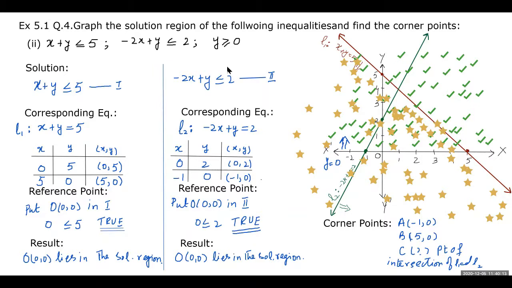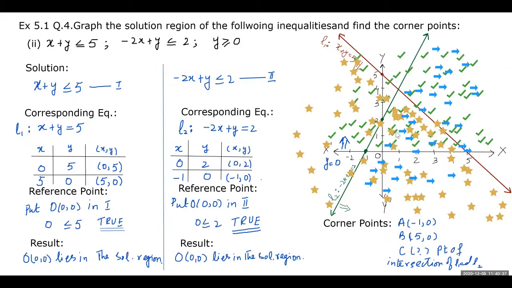So here comes -2x plus y less than or equal to 2. I'm going to use this shading. And this is the line -2x plus y less than or equal to 2. Origin lies on this side, so all this portion is shaded.